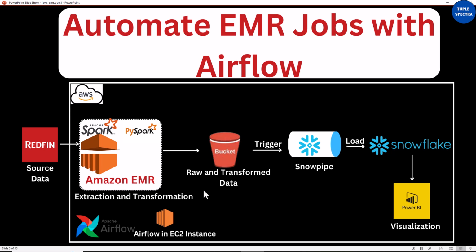All this we are going to be doing today using Apache Airflow that is running in an EC2 instance. Then after the data lands in the S3 bucket, that will trigger a Snowpipe, which then runs the copy command to load the data inside Snowflake, after which you can connect Power BI to Snowflake.